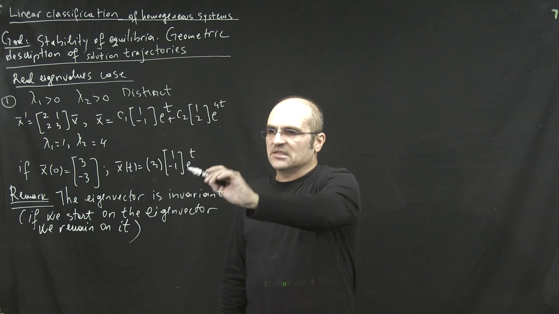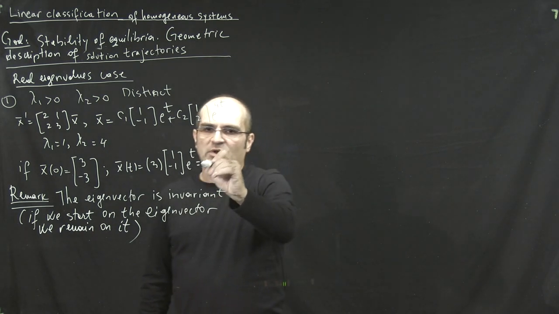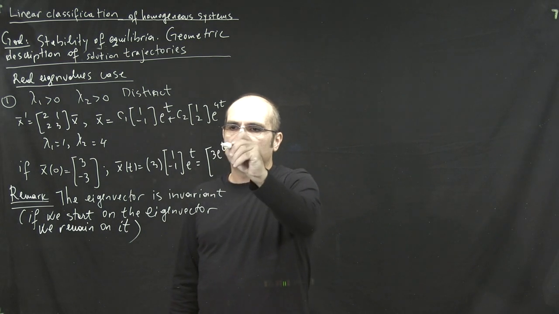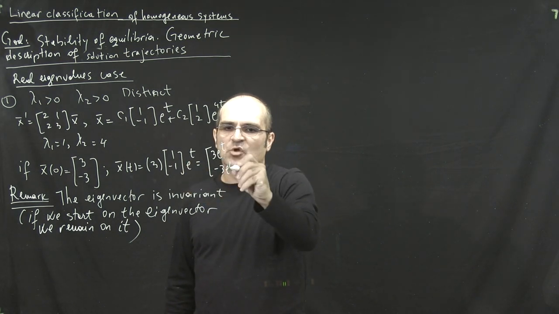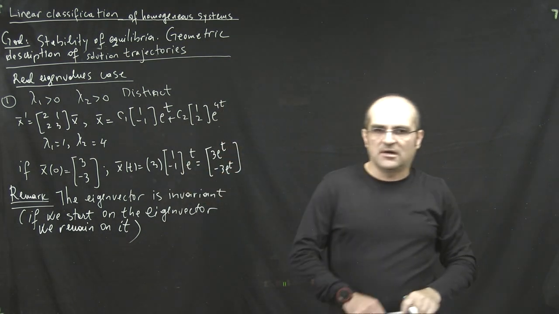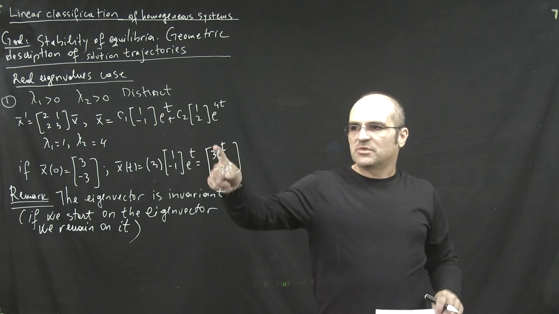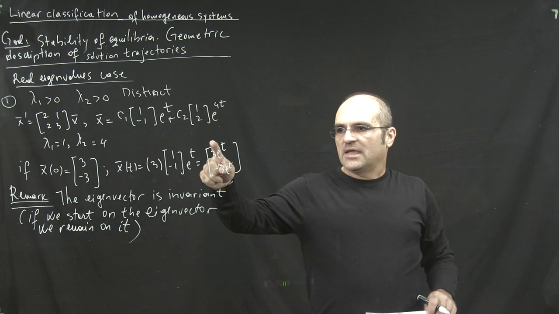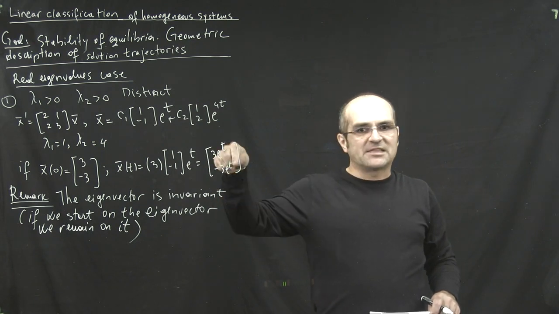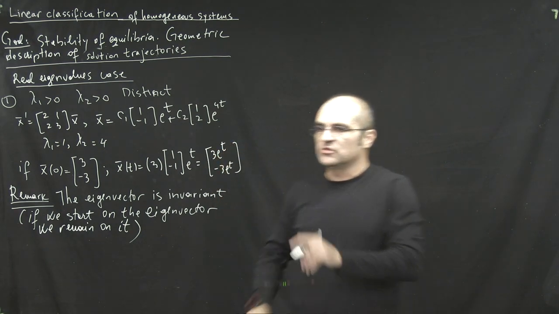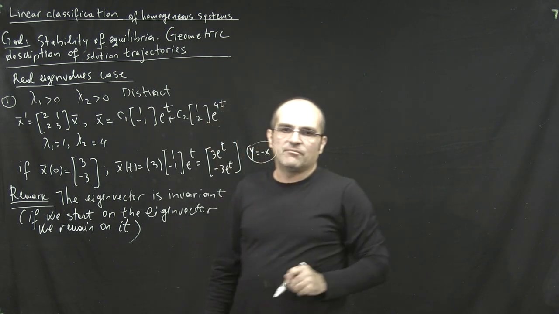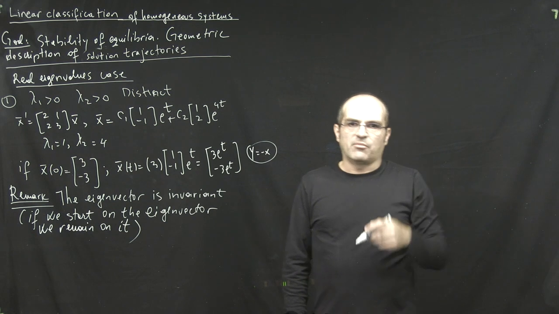Because notice that if you look at the solution by components, so let's write this by components, that's 3e to the t, minus 3e to the t. No matter what the time value is, the relationship between y and x is y is equal to minus x. Doesn't matter what the time value is, right? It is always true that the second component is equal to minus the first component.